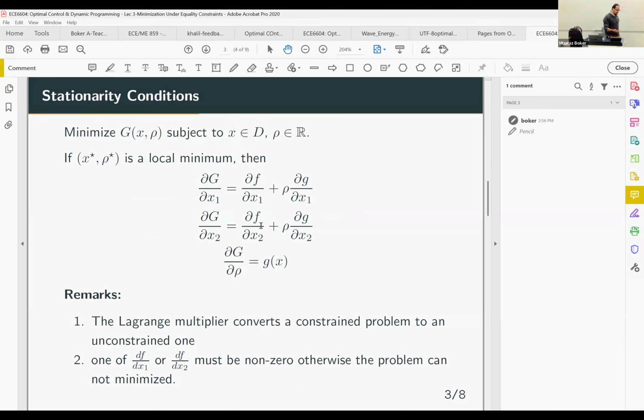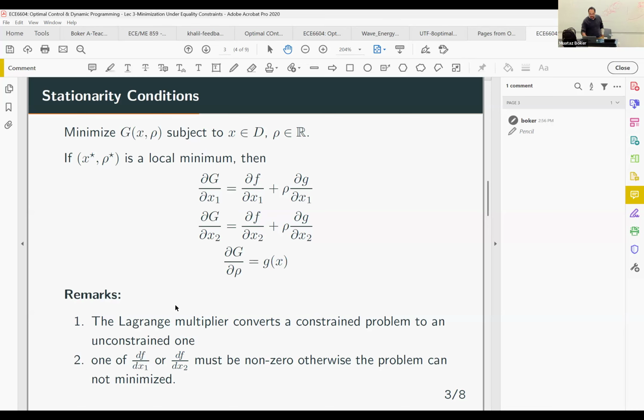Remember, optimization means the derivative is equal to 0, or the second derivative is negative, and so on. So we deal with optimization by differentiation. Now we converted the constrained problem into these three conditions, all of them based on differentiation. You will see later how we are going to use that to solve examples. But this is a reformulation of the problem. This is my main point here: we reformulated the problem so that we have these three conditions.